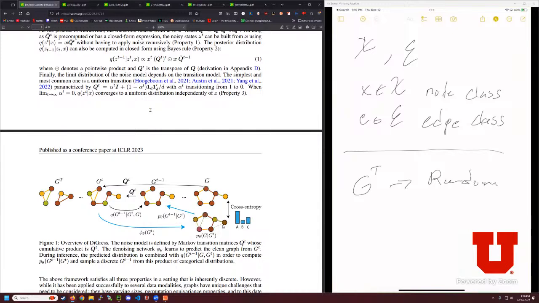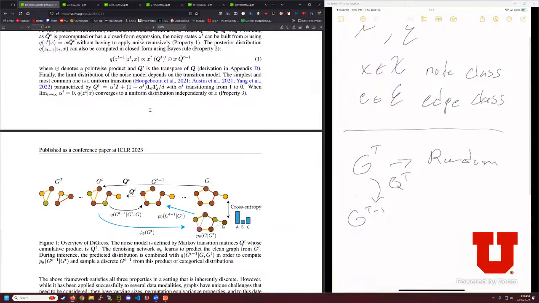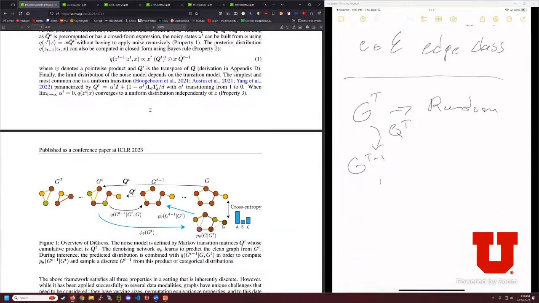And then we can define a transition matrix, let's say Qt, that transitions from Gt to Gt minus 1. We can continue this till we get G naught, which is our ground truth graph, using the transition of Q1.